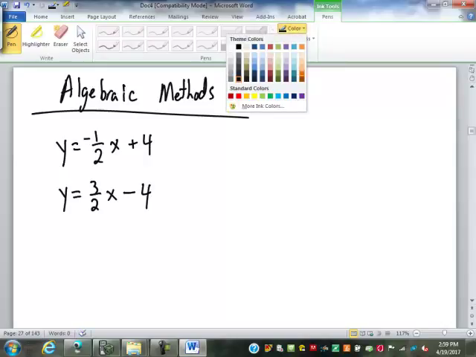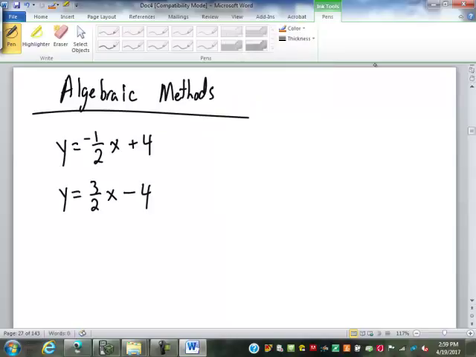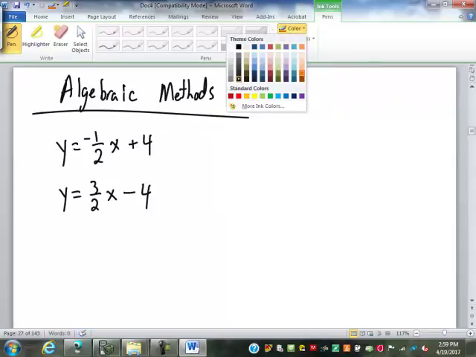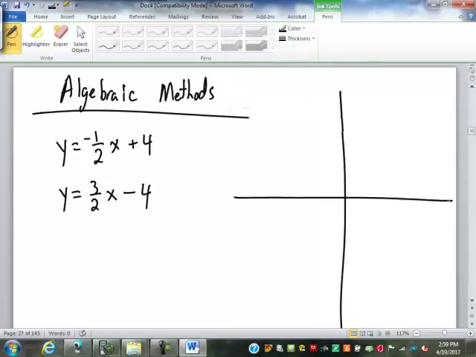See where that takes us. These we could graph out if we wanted to. Where would we start with this top equation when we graph them? Positive 4. And from there we would go down 1 over 2. And we'd go again down 1 over 2. We draw our line in.